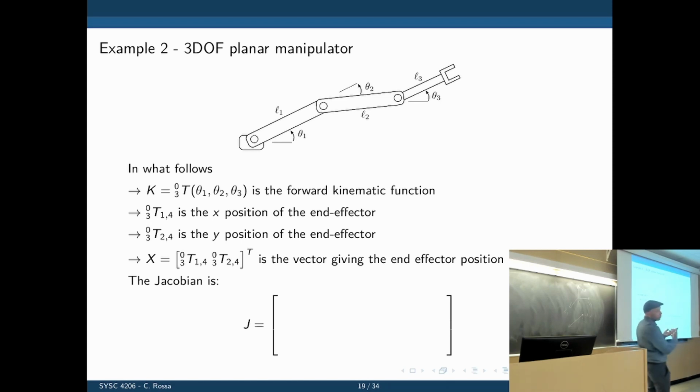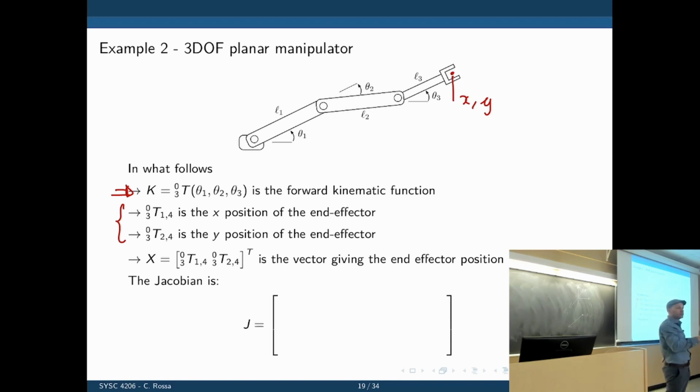This is a 2-dof problem, assuming that we only want to control the x and y position of the end effector. The first thing to do is to find the forward kinematics equation from the transformation matrix and then get the x and y position from that. So these will be analytical expressions that are functions of θ1, θ2, and θ3.